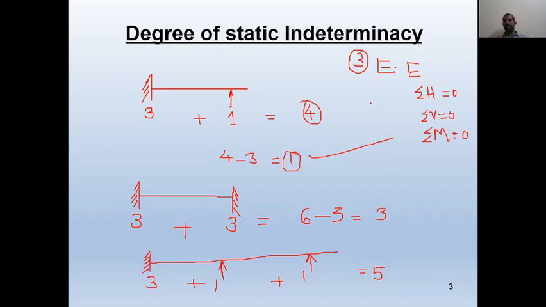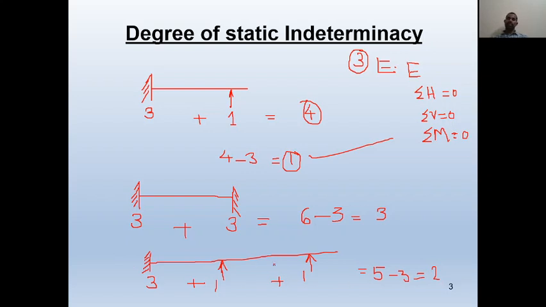But we have only three equilibrium equations, therefore 5 minus 3 is 2. So this particular continuous beam is indeterminate of second degree.